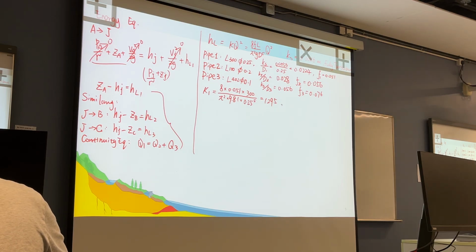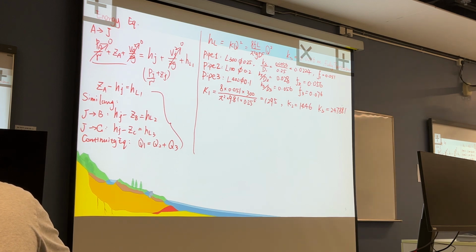Now, similarly for K2, K2 is also 8F2L2 over pi squared g D2 to the power 5. The K2 is around 1446. K3 is 247,881.